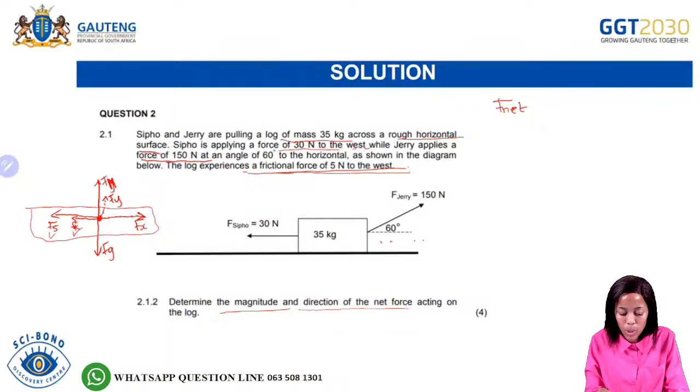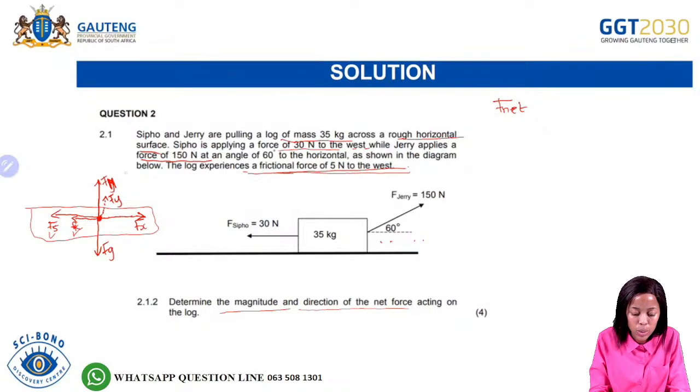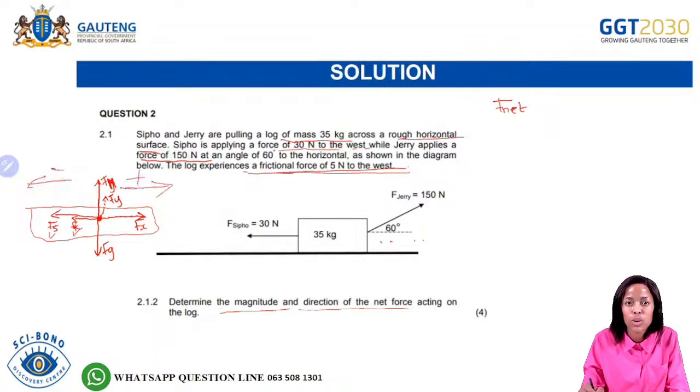So whatever force is going to the right hand side, we are going to start with that. We can also choose direction to say whatever force is going to the right, we are going to take that as positive, and whatever force is going to the left, we are going to take that as negative.